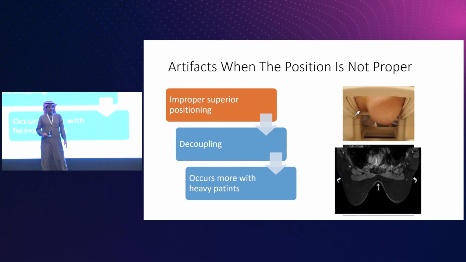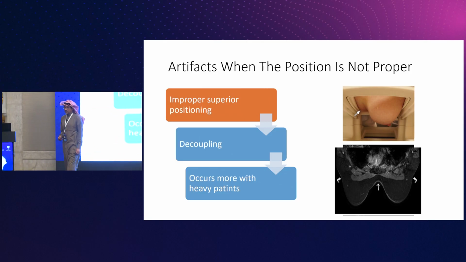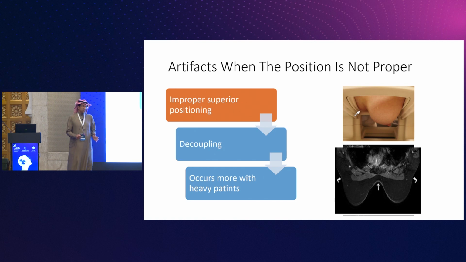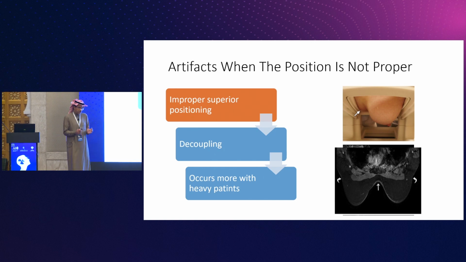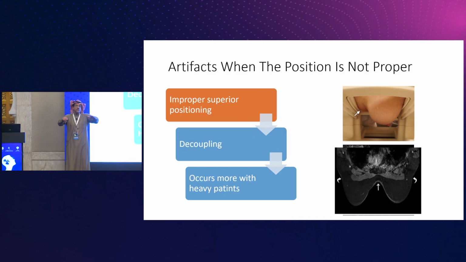It's gone when you put a towel and adjust the patient. Sometimes when a patient is in an improper position, she breathes hard on the coil because she's angled. When you adjust the position, you distribute the weight over the coil and things will go all right.